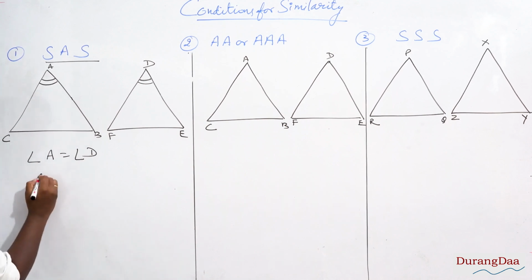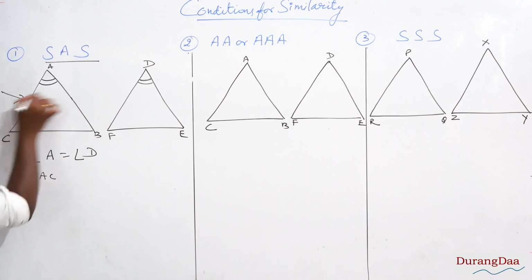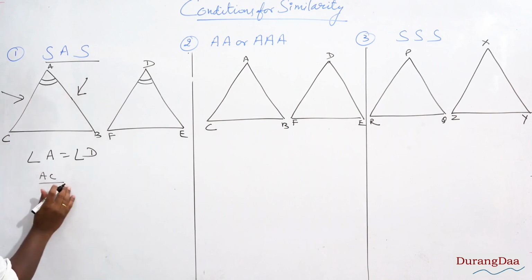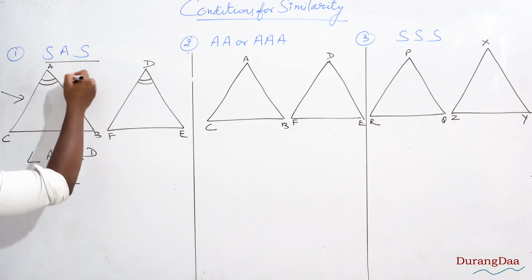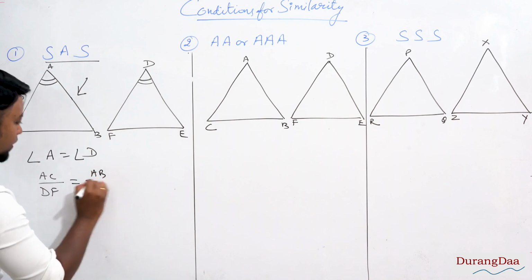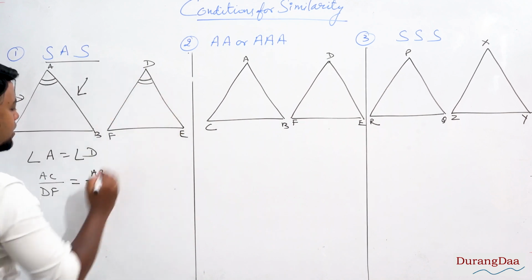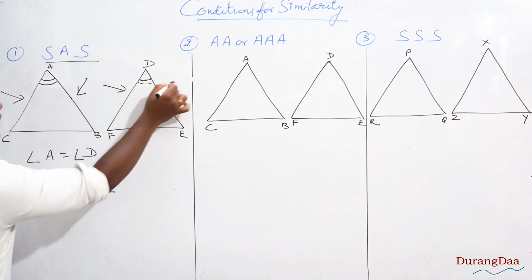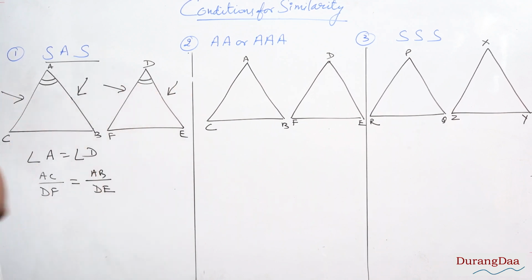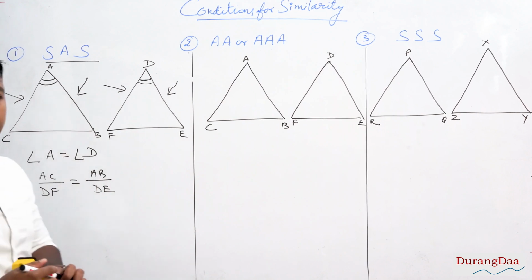It will look like this: AC and AB are containing this angle, so AC by DF should be equal to the second side which is containing this angle, AB by DE, alright. So keep in mind, these are the sides which are containing these two angles, so they should be in proportion, alright.